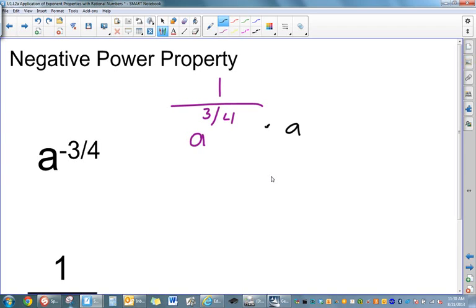Right, you'll add it. So whatever exponent I put right here is going to get added to this exponent, because that's how the product property works. Whenever you have like bases being multiplied, you add.